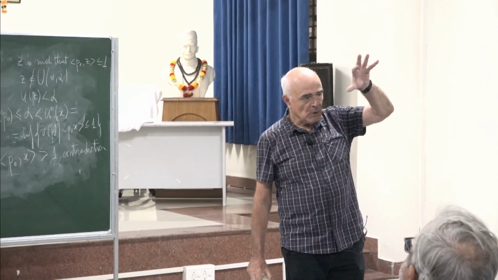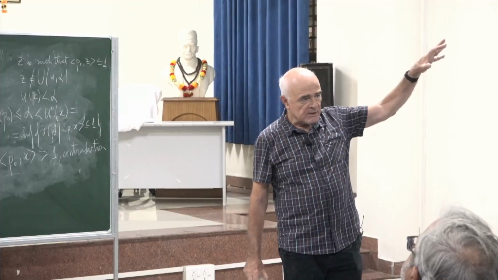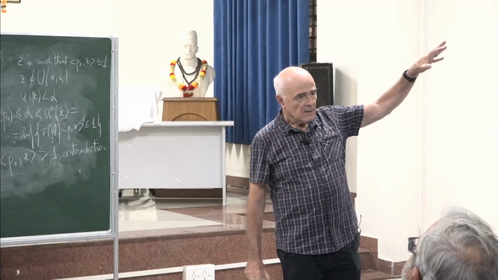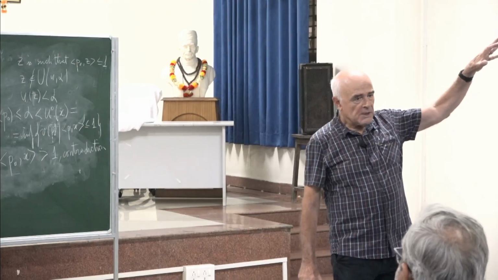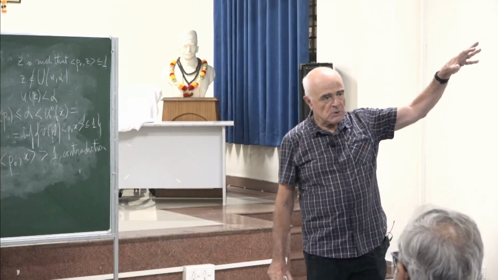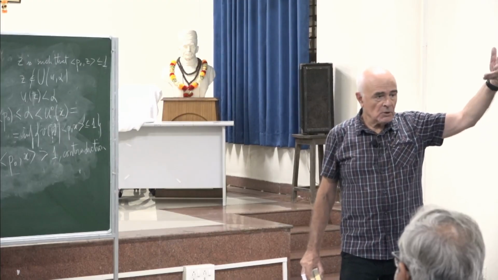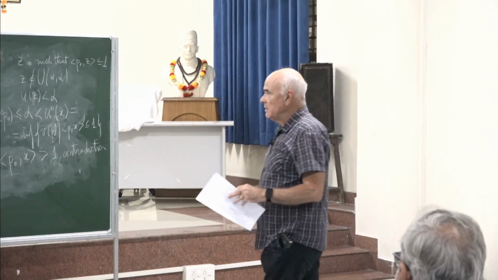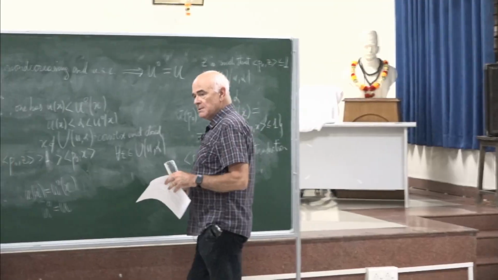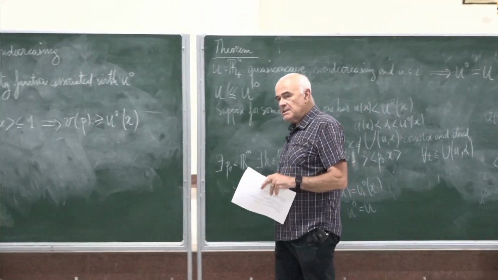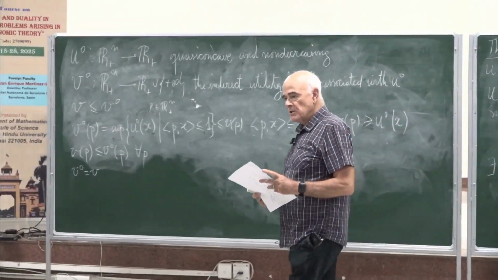Because the indirect utility function determines a quasi-concave, non-decreasing, upper semi-continuous function that produces it in a unique way. So you cannot have two different utility functions with these nice properties yielding the same indirect utility function.